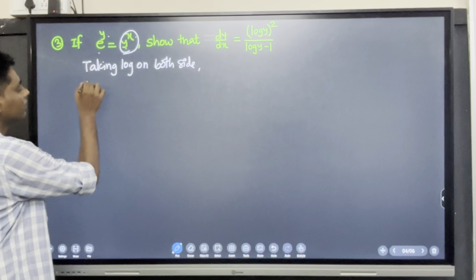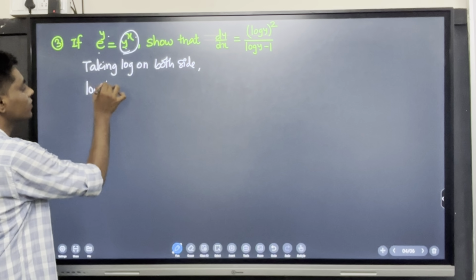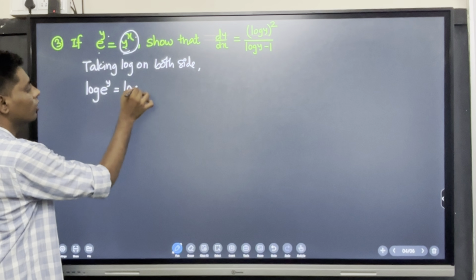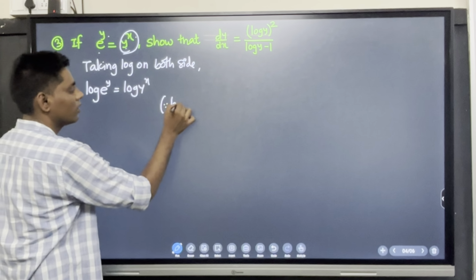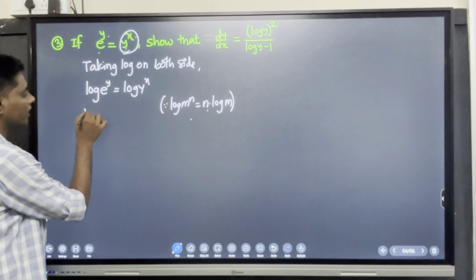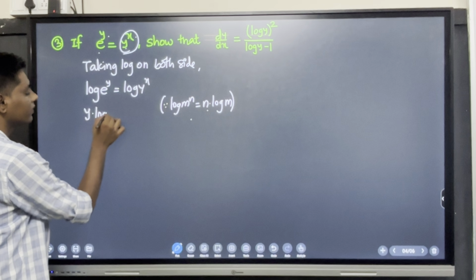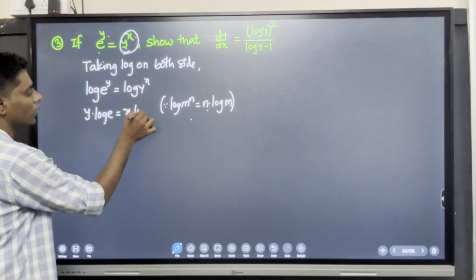So what we get? Log of e raised to y equals log of y raised to x. Again you have to use the log of exponential property. And what is the log of exponential property? Log of m raised to n equals n into log of m. So here we get y into log of e equals x into log of y.